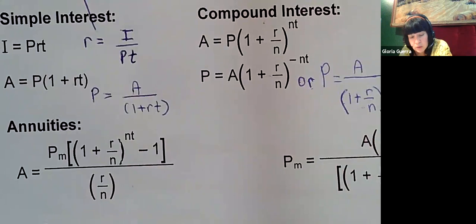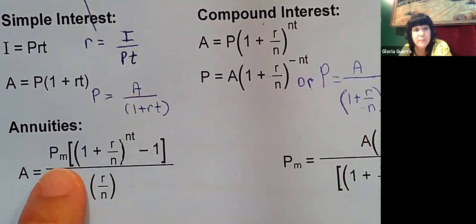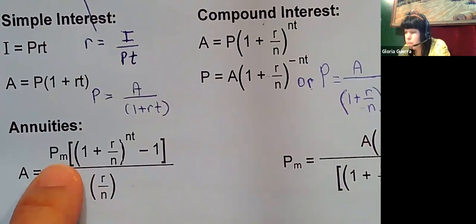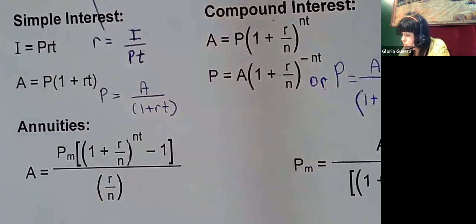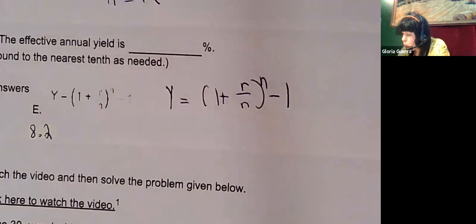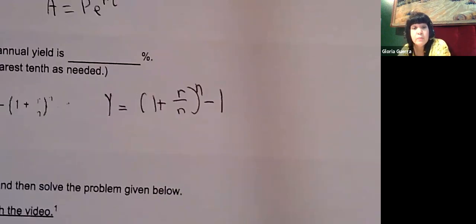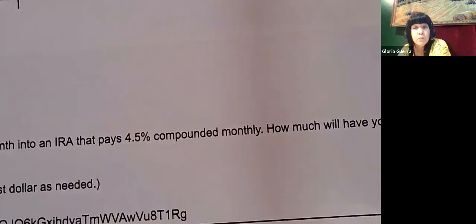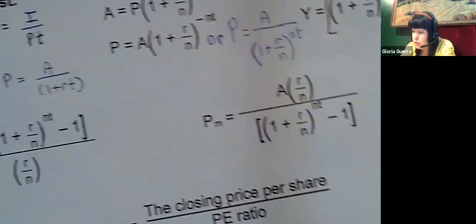We're depositing $150, so that will be this P sub M, which sometimes is noted as P, but the 150 will go here. You want to know how much you will have when you retire, so we're trying to find A.